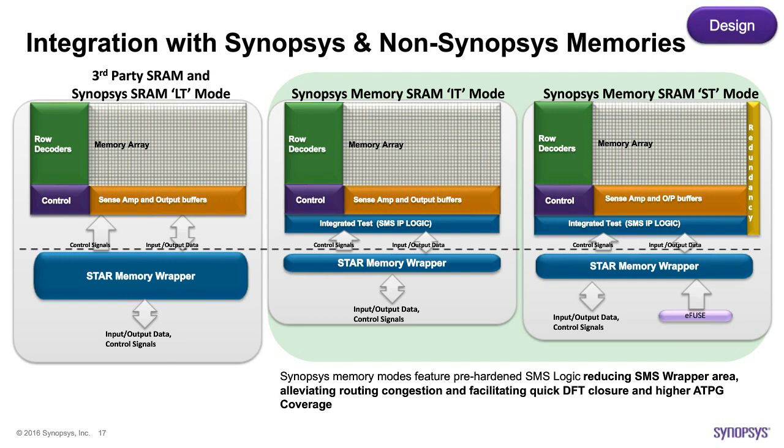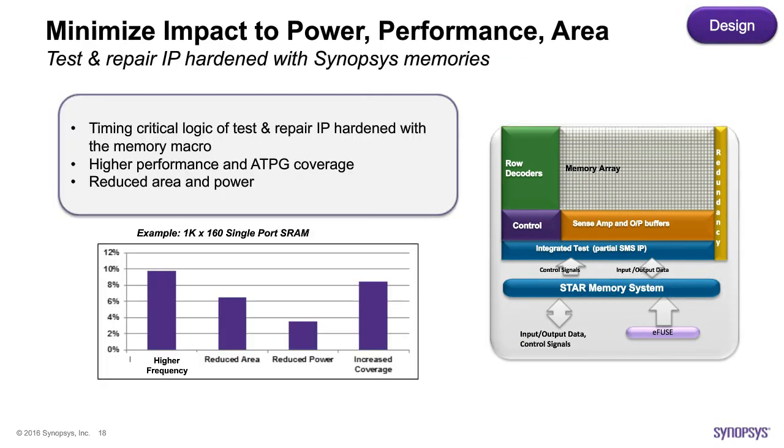And those functionalities will allow us to absorb the routing congestion, some of the timing implications, and some of the power, thus giving us a good level of advantages in terms of frequency, as you see, and in terms of minimizing the overall area, not only the memory and the SMS area, but rather the entire area of the chip. The entire power of the chip is reduced, and the coverage is optimized.